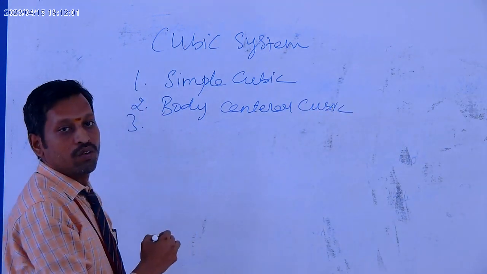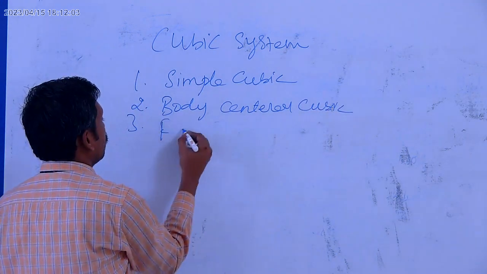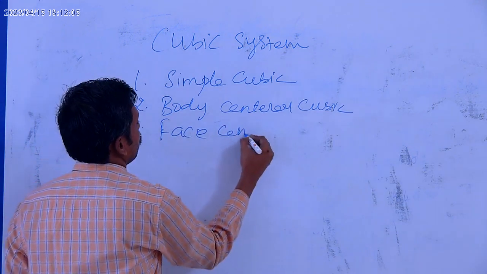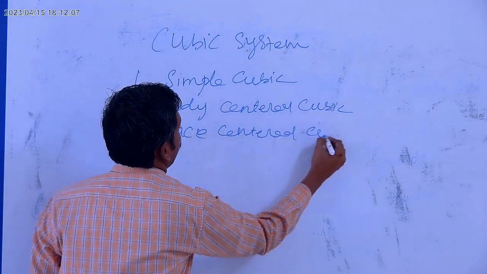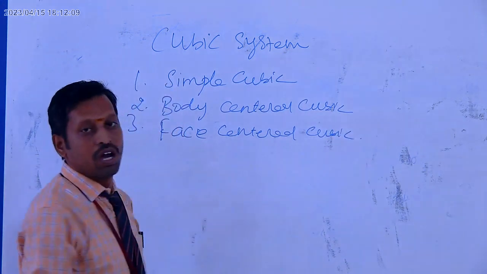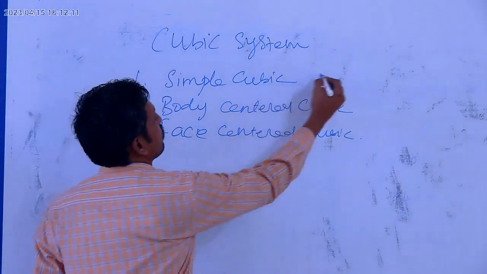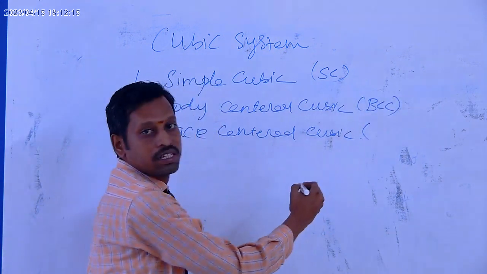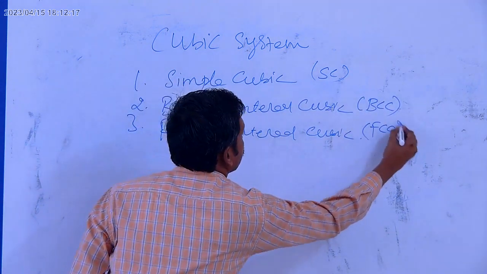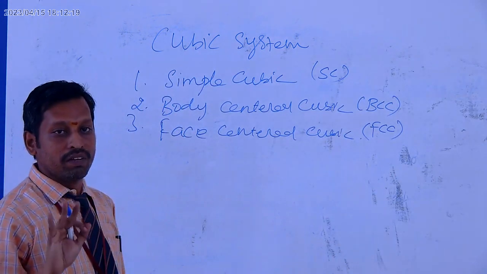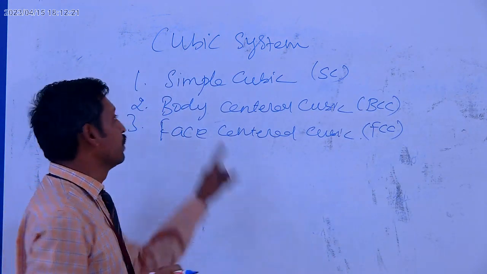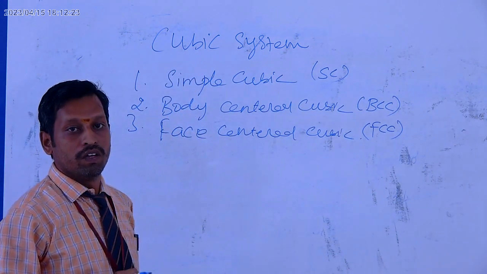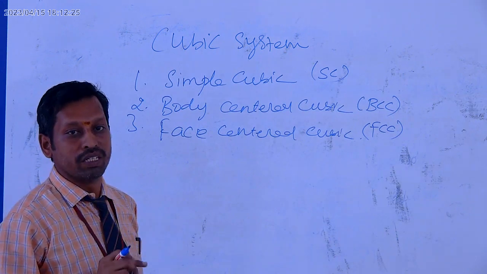Third one, face centered cubic. So shortly we call these SC, BCC, and FCC. So three various lattices are available in the cubic system. Now we are going to see simple cubic structure.